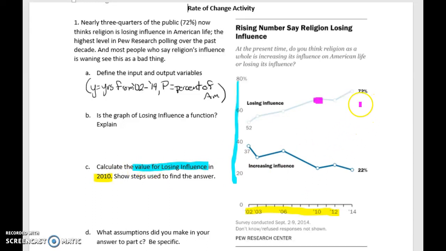The first thing I want to figure out is the percentage increase or decrease, and since this is an increasing graph, it's a percentage increase over that specific time period. I'm going to go from 52% up to 72%, over a 12-year period.